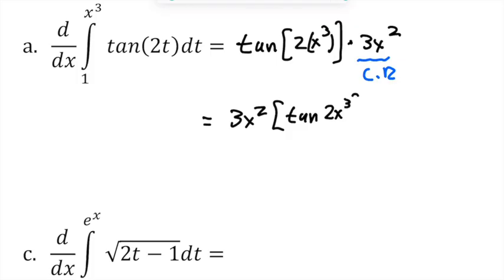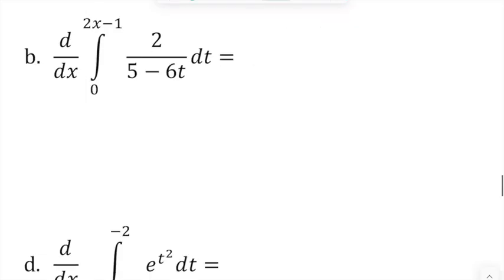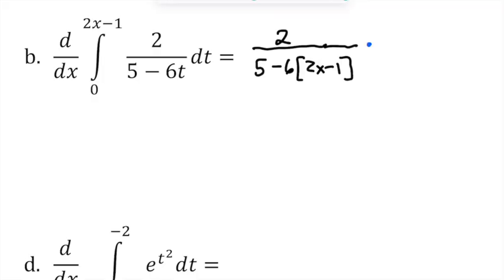tangent of 2x cubed. Part B, again, taking the derivative of an integral from a function to a constant, plug in the upper boundary for t, and then multiply by the derivative of 2x minus 1, which is just going to be 2. Because if I take a derivative here, that's 2 minus 0.